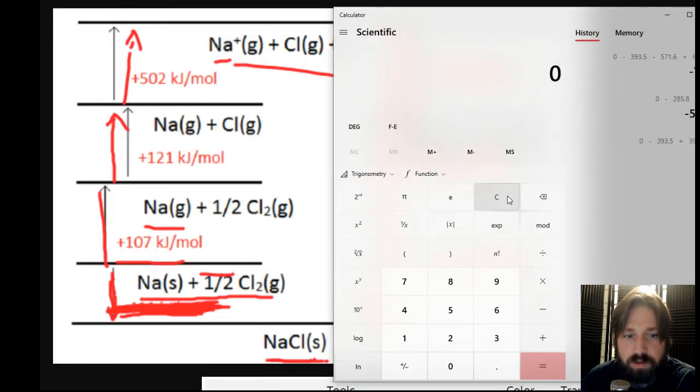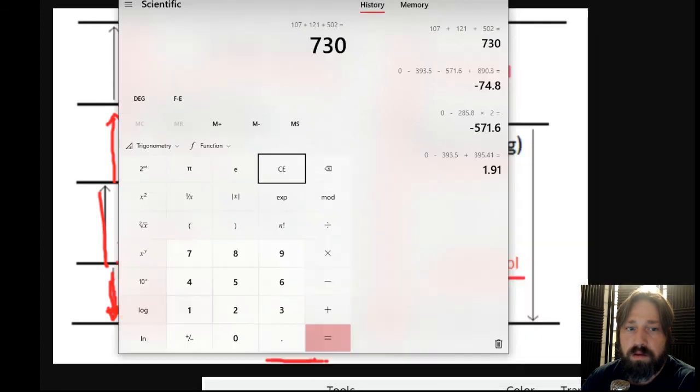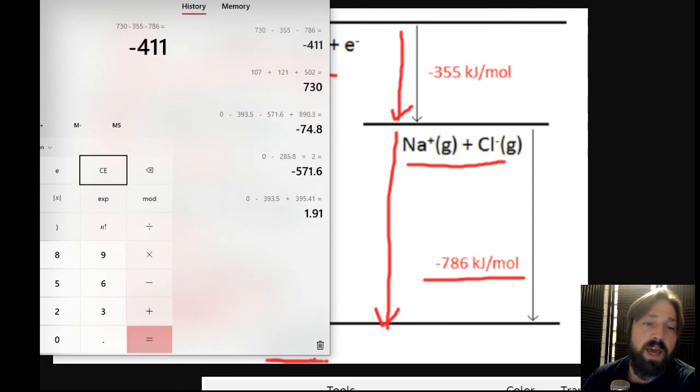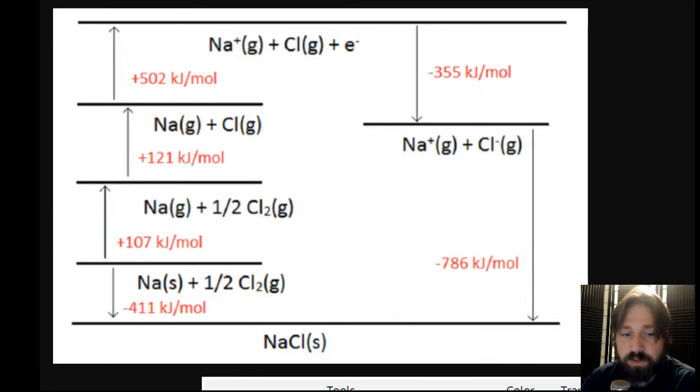So I'm going to do 107 plus 121 plus 502, and then subtract 355 and subtract 786, and I get negative 411. All right, now let's see what that actual number was here.